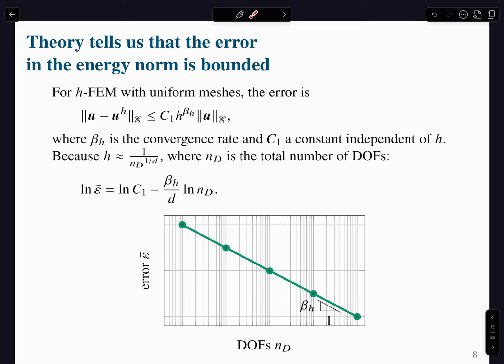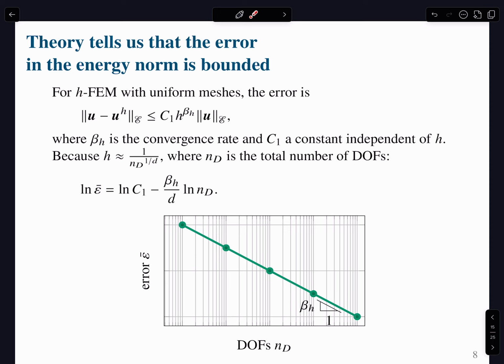So for ℎ-FEM, what error tells us again, keep in mind, this is the way it's bounded by this expression. This is the same expression we had in the previous slide. But for uniform meshes, you can actually relate the mesh size with the number of degrees of freedom with this expression, where D is the dimensionality of our problem, right?